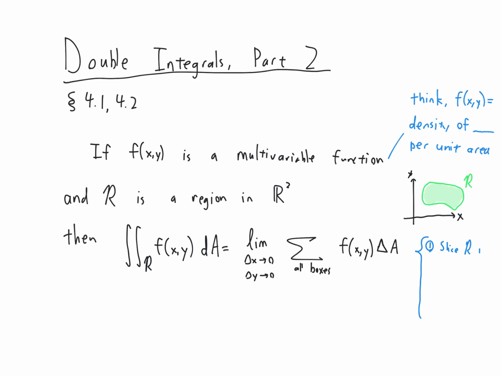First, imagine slicing R up into little mini boxes, as we did last class. Then the second step is to approximate whatever you're trying to approximate box by box. The way I want you to think about this is think about taking f of x y times delta A, where delta A is the area of each one of those little mini boxes.